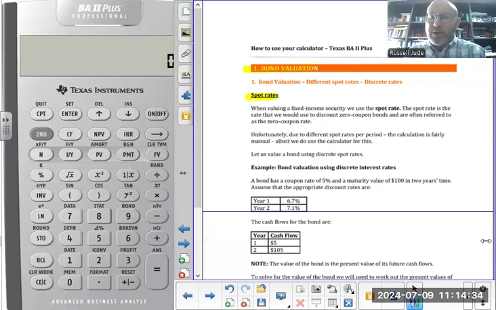When we look at bond valuation, the most correct way of valuing a bond with future cash flows is to discount those cash flows at the spot rate. The spot rate is really just a rate that we would discount zero coupon bonds at for those particular maturity periods.